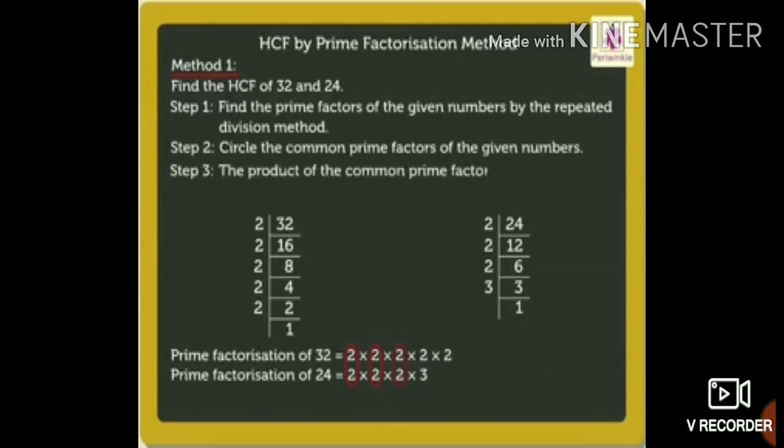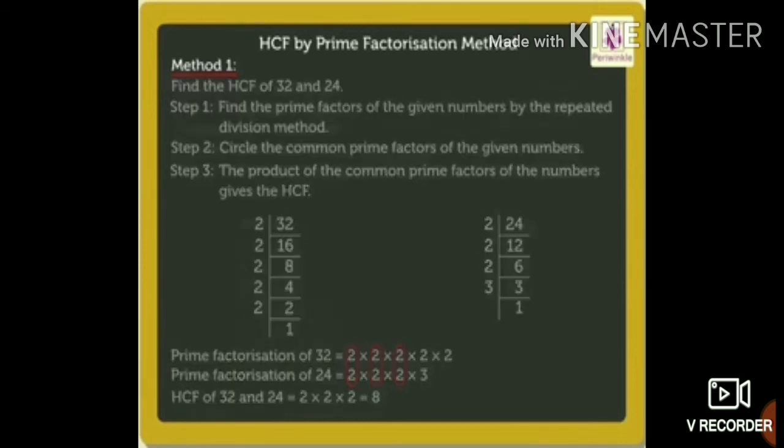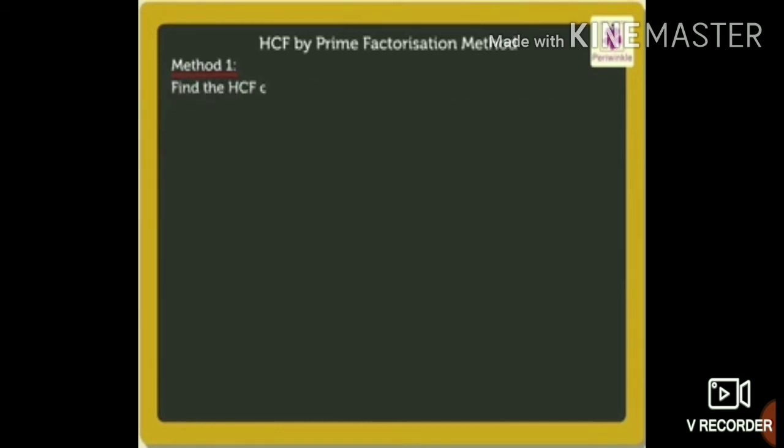So 2 is a common factor, right? The HCF is the product of the common prime factors of the numbers. It gives the highest common factor. Now 2 into 2 into 2 is equal to 8.